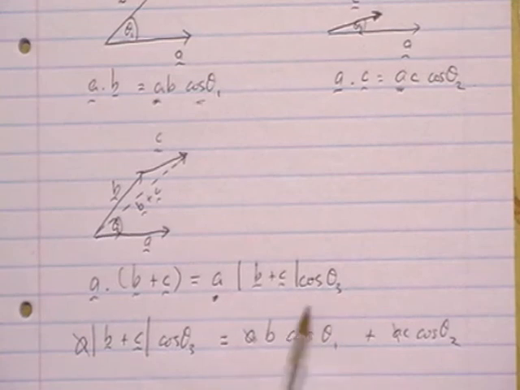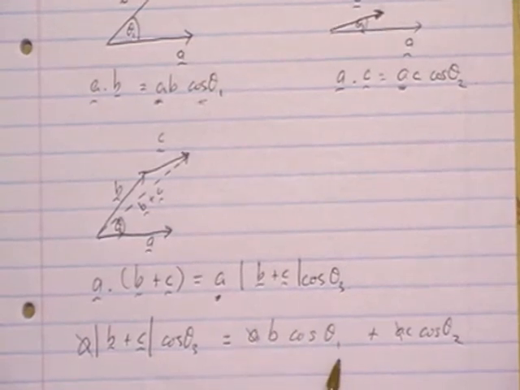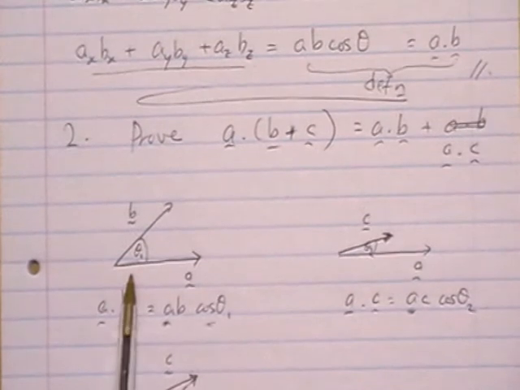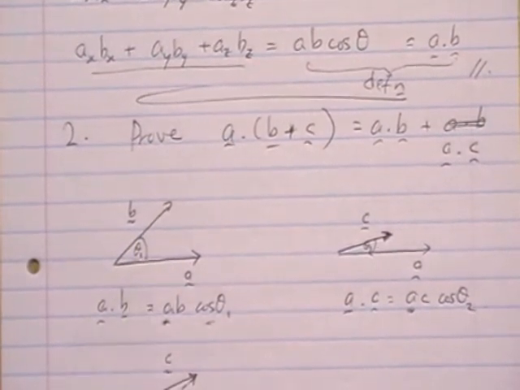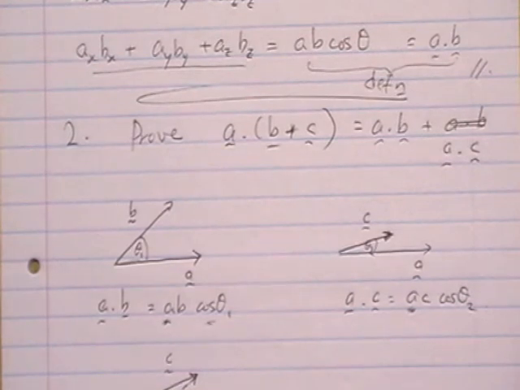Let's say I look at this b cosine theta 1. If I go back to this picture and think about b cosine theta 1, what does it mean on this figure?